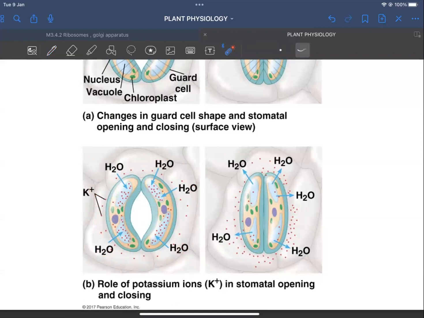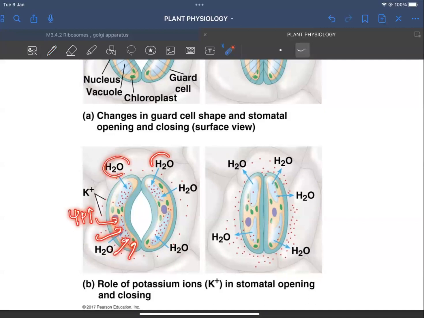So due to the difference in concentration, the potassium will be absorbed into the guard cells. When it is absorbed in the guard cells, it's going to increase the solute potential. When the solute potential is increased, the water potential is going to decrease. When the water potential is decreased, the water potential at the surrounding will be higher, causing the water to be absorbed into the guard cells.